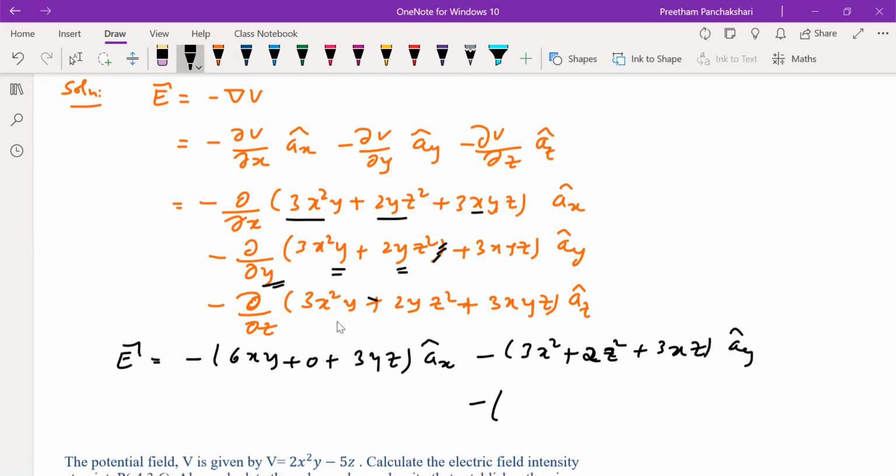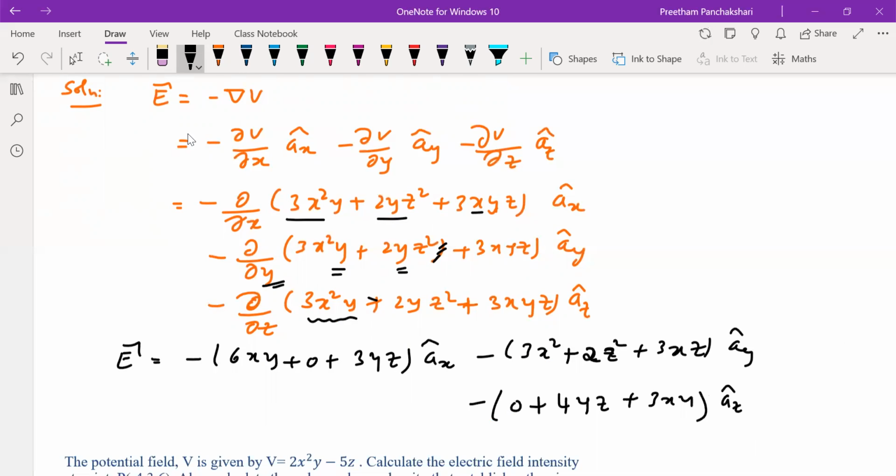And with respect to z: the first term does not contain any z, so it is 0. In the second, z square gives 2z, so it is 4yz. The last, differentiation of z is 1, plus 3xy, az cap.